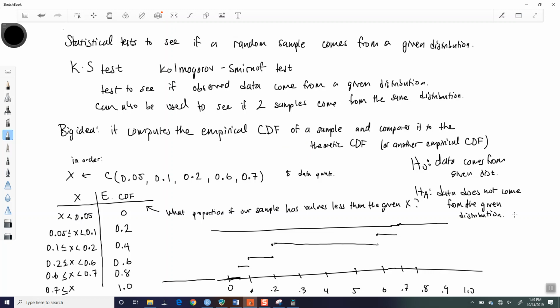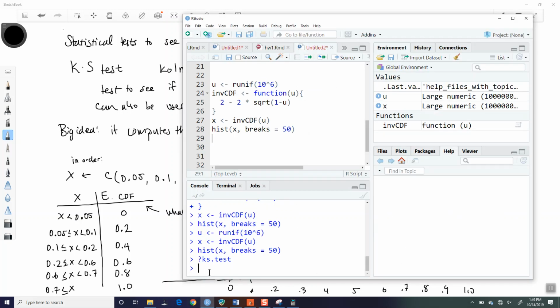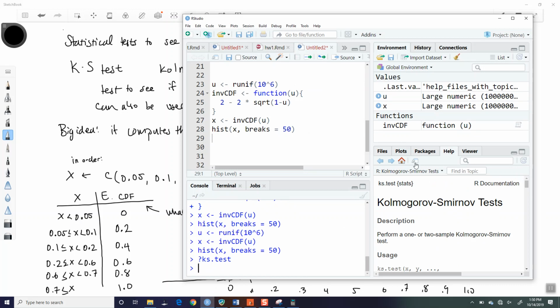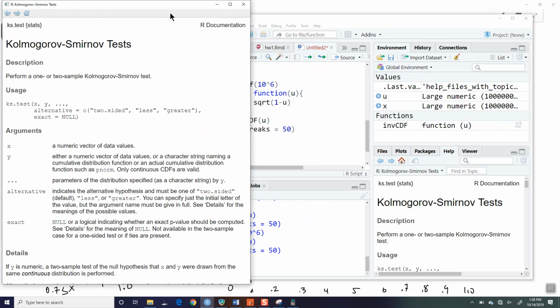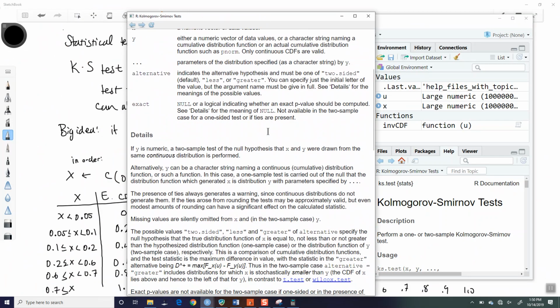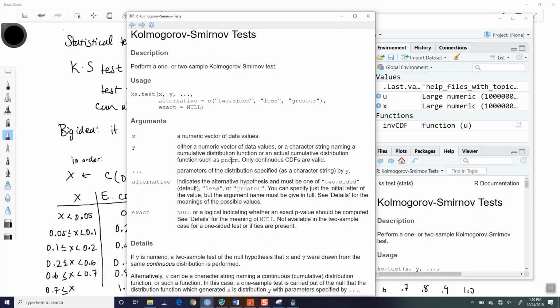So you generate a sample, and then inside the specifications for the KS test, which we do with ks.test, all right, and so here, the default, okay, so you'll specify an actual CDF, like pnorm or something, or pexp, pexponential.